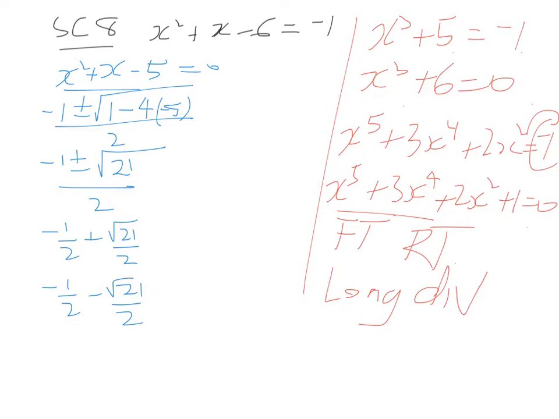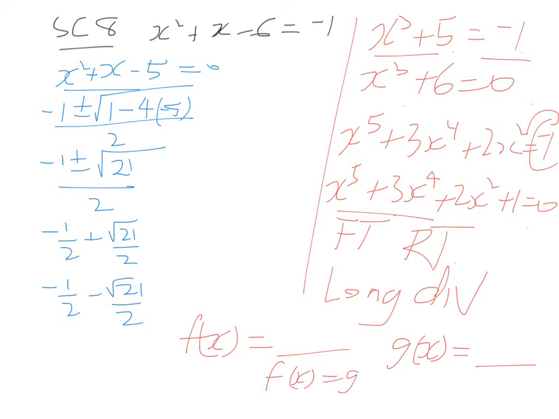Now, that may be expressed like this, where we just have an equation equals some value. We may be told the same thing as f of x equals some equation, and g of x equals some other equation. When do f of x and g of x equal? It may be expressed as where do the two graphs intersect.